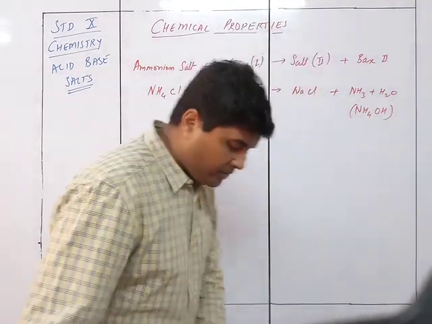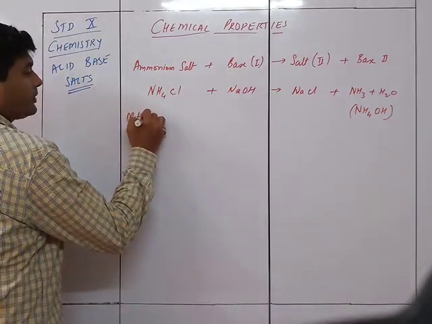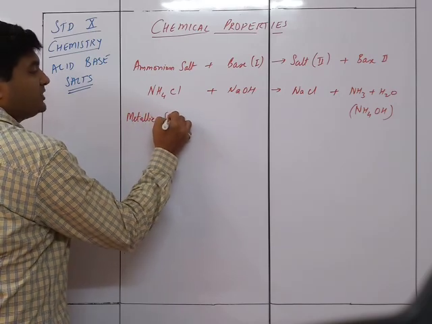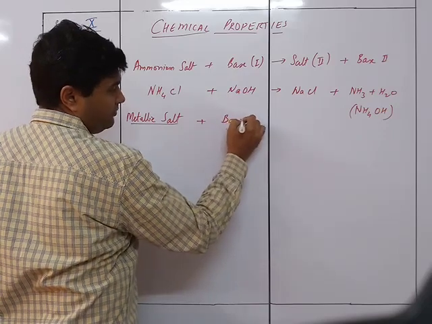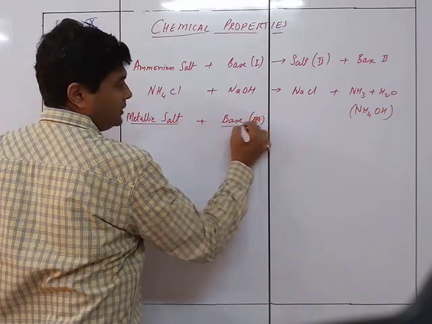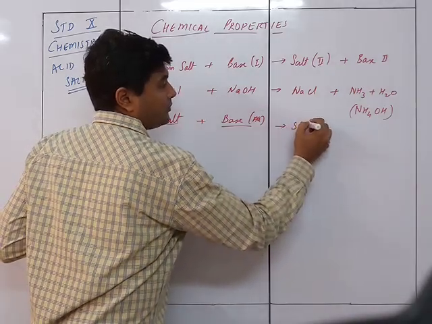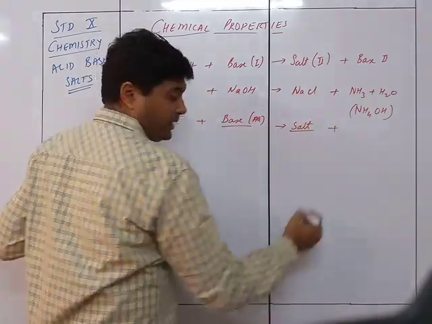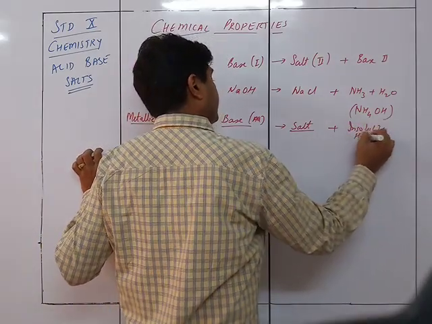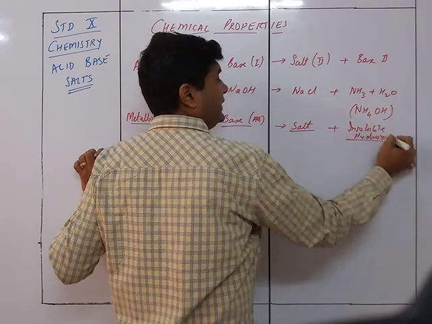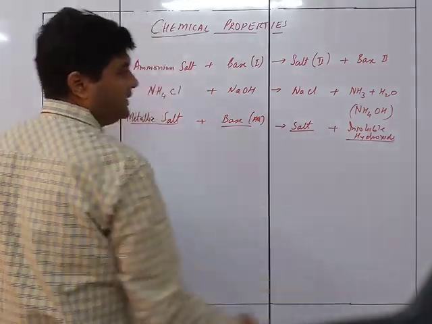The general formula: metallic salt plus an aqueous base gives a salt plus an insoluble hydroxide.